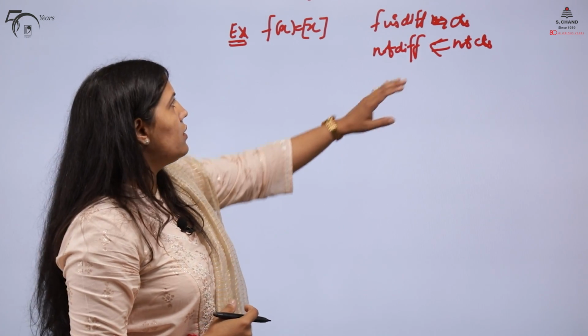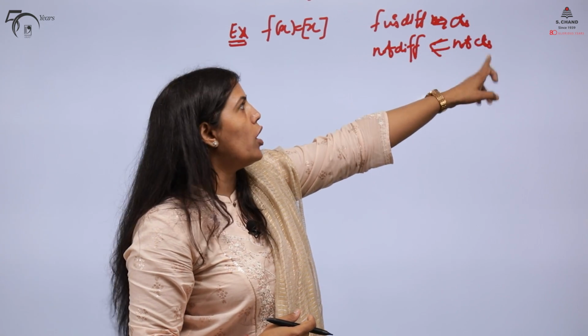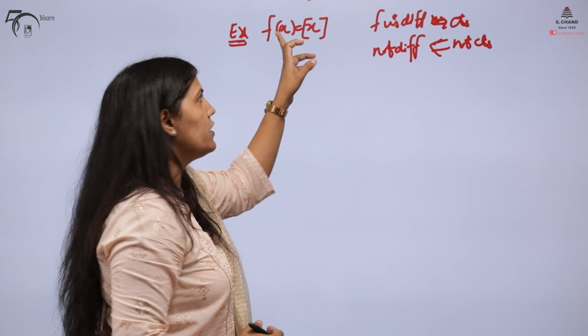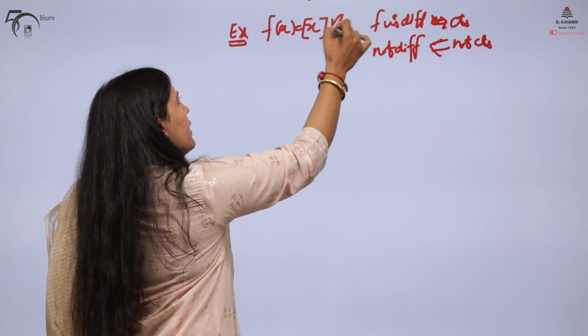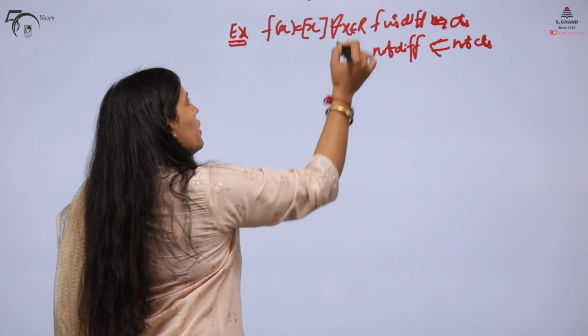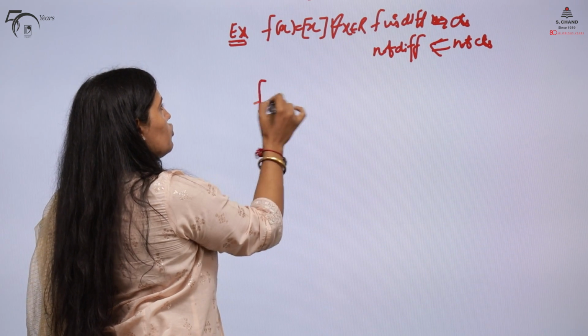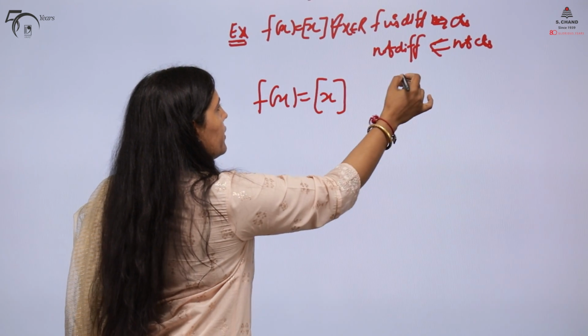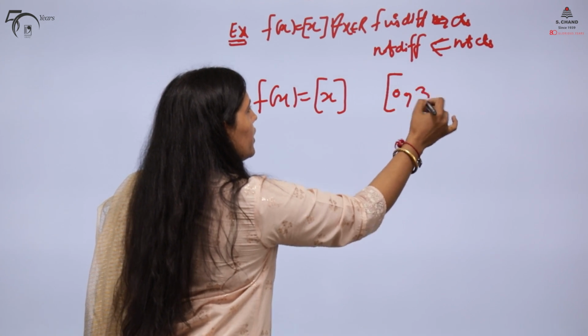Function differentiable implies continuous, but if not continuous, then it will not be differentiable. So this is the example, for all x belonging to R. Now I am just limiting this question to one interval, otherwise I can take it for all real values, but better I just fix it in one interval.